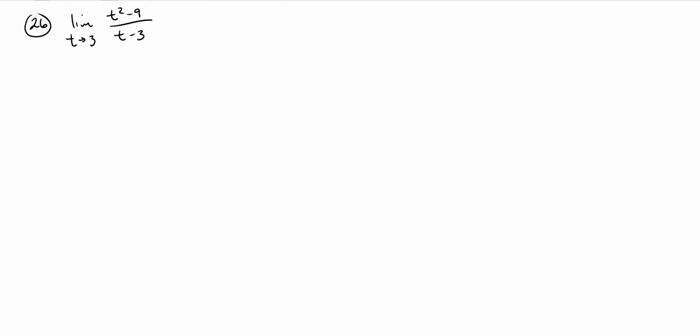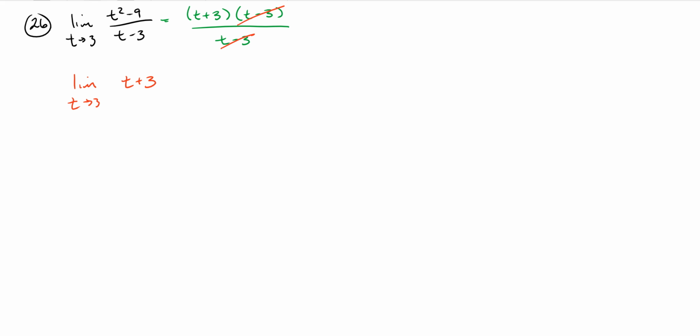So what I'm going to do first is factor the top of this equation. That's a perfect square binomial, so that's going to factor to t plus 3 times t minus 3, and it's still divided by t minus 3. Now my factor of t minus 3 on the top and bottom cancels out, and I'm left with the limit as t approaches 3 of simply t plus 3.